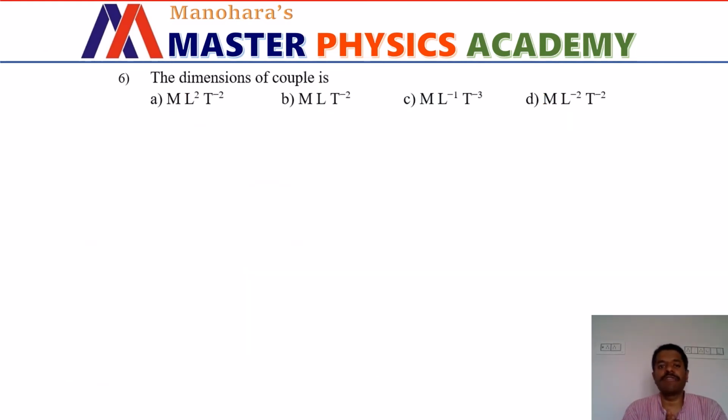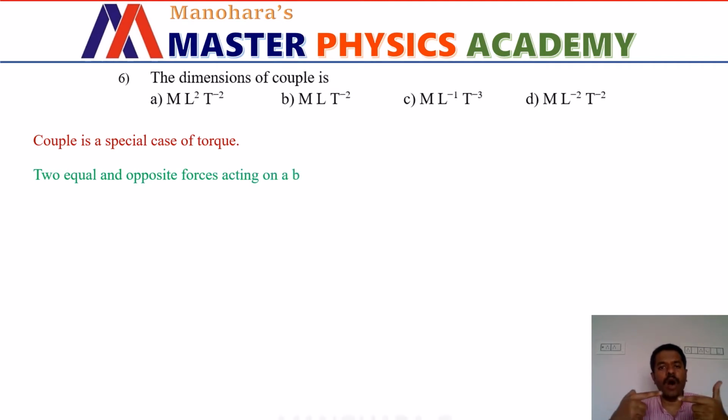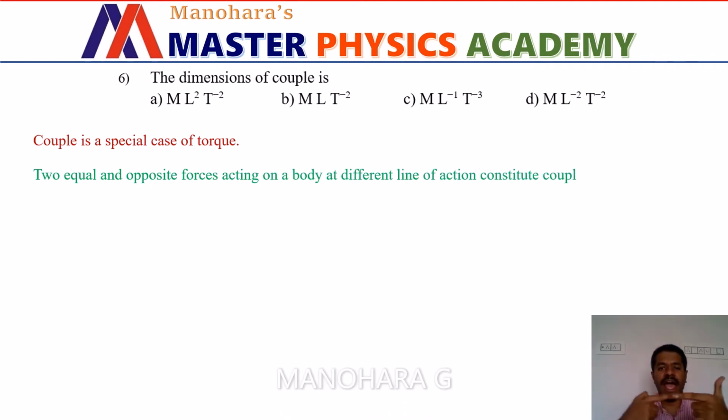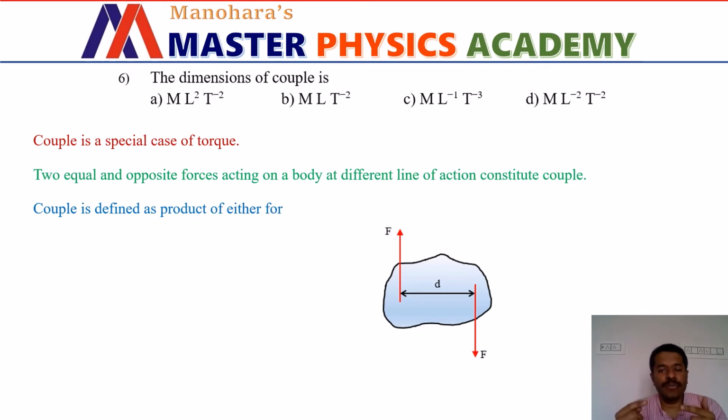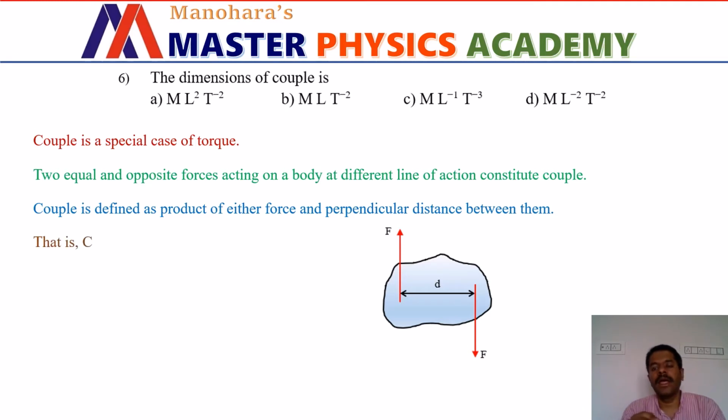The dimensions of couple is... Couple is a special case of torque in which two equal and opposite forces will be acting on a body at two different lines of action. The definition of couple says it is the product of either of the forces and the perpendicular distance between them.